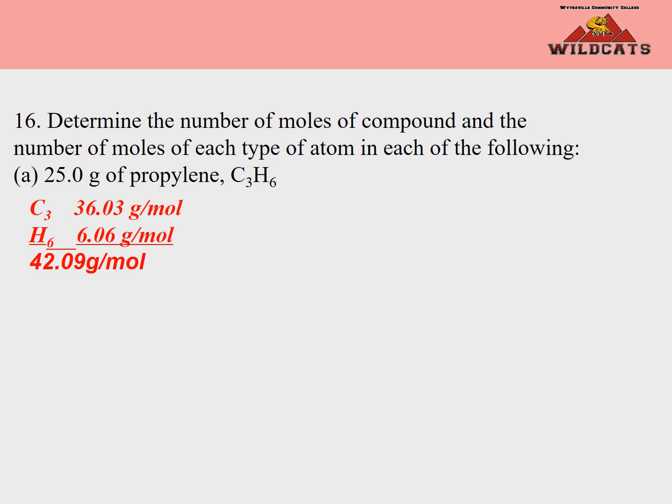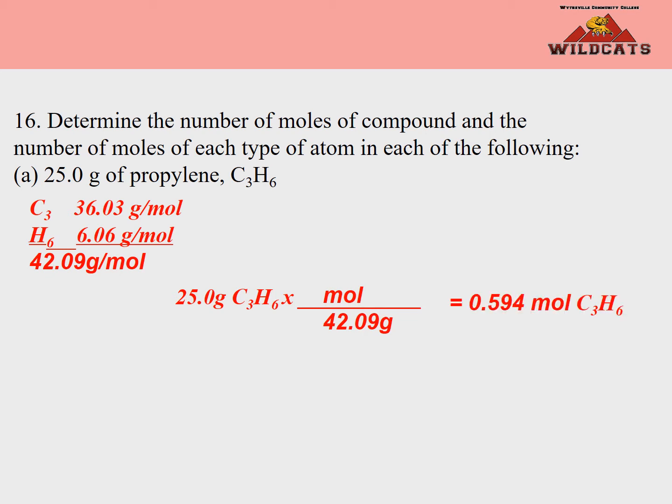So there's our molar mass. And if I've got 25 grams of C3H6, I get rid of the grams by putting the 42.09 on the bottom, and I end up with 0.594 moles of C3H6. Okay, so that's the moles of the whole compound.